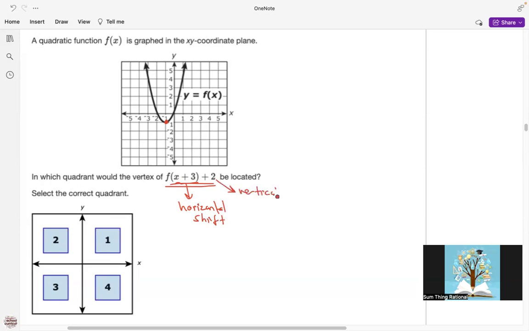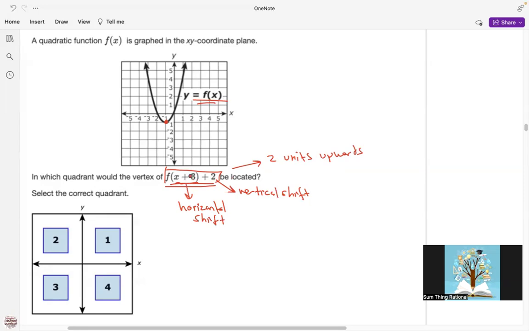The new graph is shifted 3 units left or right, and 2 units up or down. As we discussed already, if it is plus 2, it is 2 units upward. So your f of x graph will go 2 units upward.